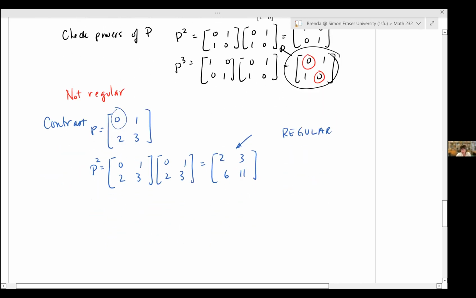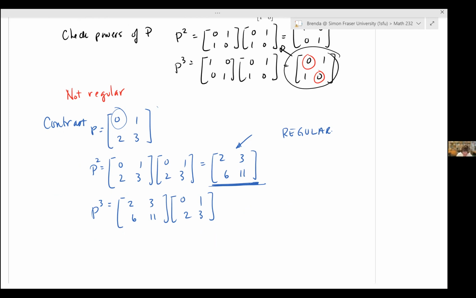Once you've got all positive entries, and now I'm doing P cubed, I would be taking P squared, this guy here, multiplied by this. There's no way of getting back to any zeros. Once the zeros disappear, they don't return because the entries are positive. So once we get to a certain power and the zeros have disappeared, then it's regular, and we stop.